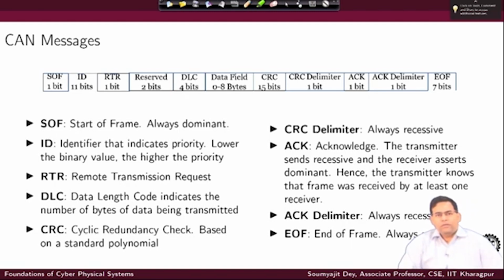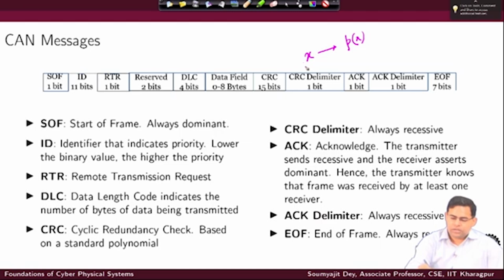After this you have the CRC, the cyclic redundancy check. There are standard CRC algorithms to check the integrity of a message. Let's say your message is x, using a CRC polynomial you can compute some p(x), and these two things together you can send.